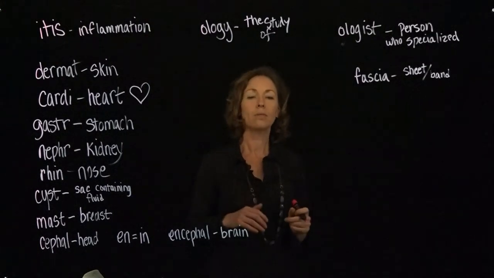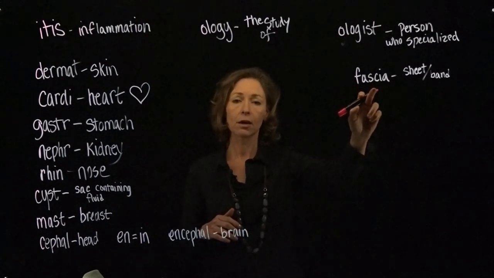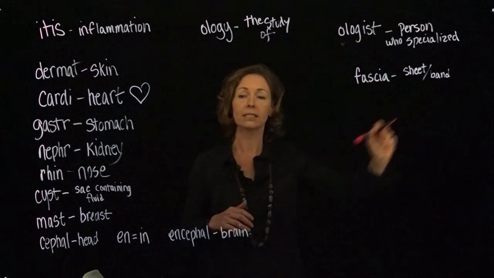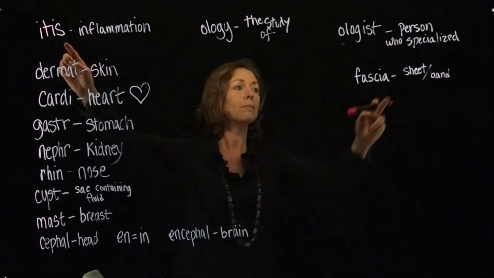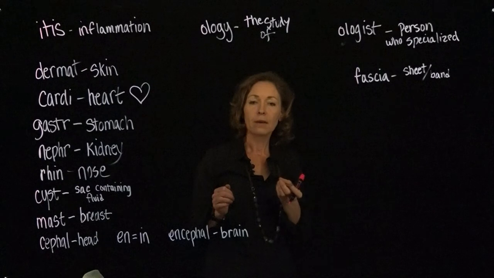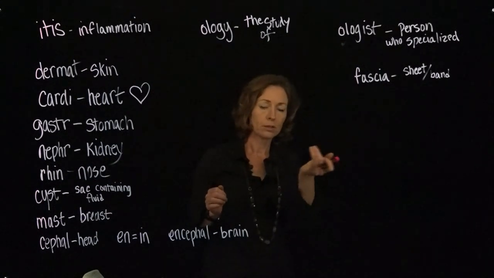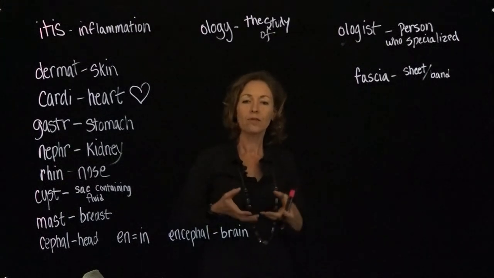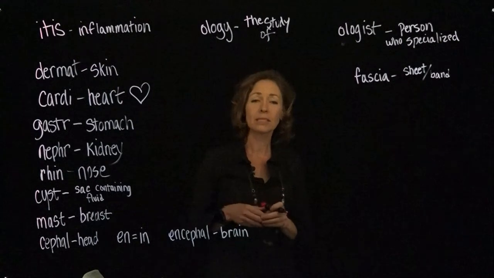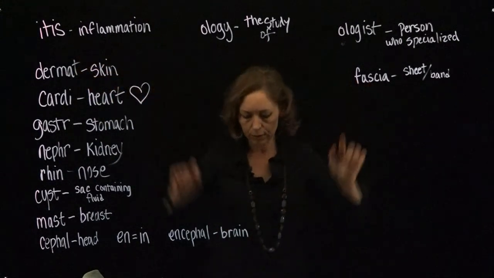But more commonly, where you might have heard it previously, is if you've had plantar fasciitis. That is inflammation of this band of fibrous tissue that runs from your heel up through your arch to the top of your foot. So if you've ever had that sore foot where you're limping along because the whole bottom hurts and someone says, "Do you have plantar fasciitis?" That was these two words right there.